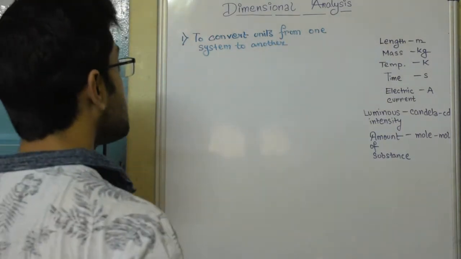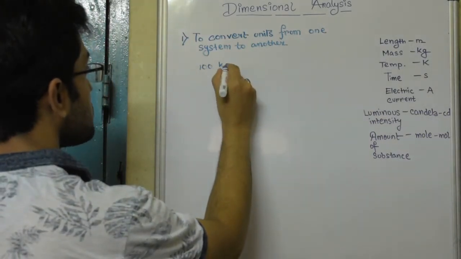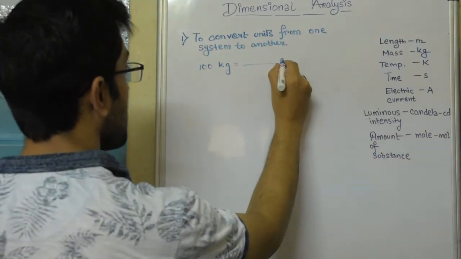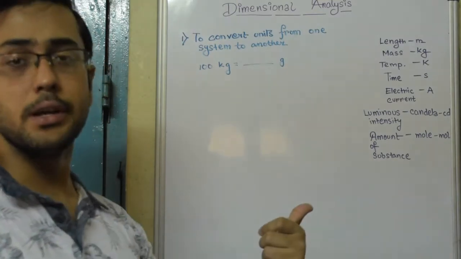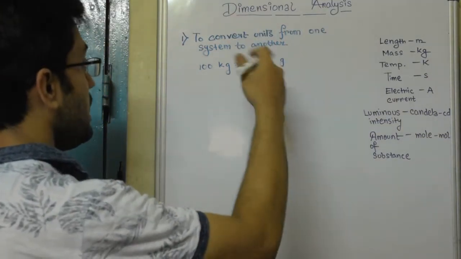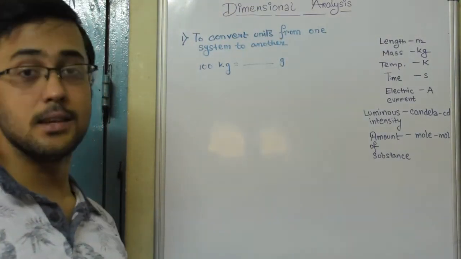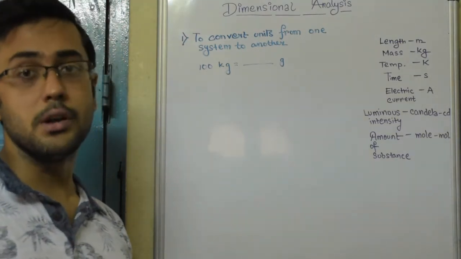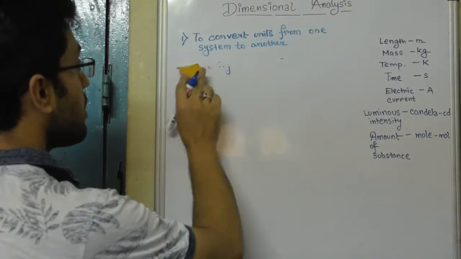What does it mean? Suppose you have something like 100 kilograms. I want to know that in the unit of gram, what will be the value. Now this is a pretty easy one because you know 1 kg is 1000 gram. But in other units, or if this particular unit is something which we are not familiar with, then it can be pretty difficult to find it out directly. So for that reason we use the dimensional analysis.